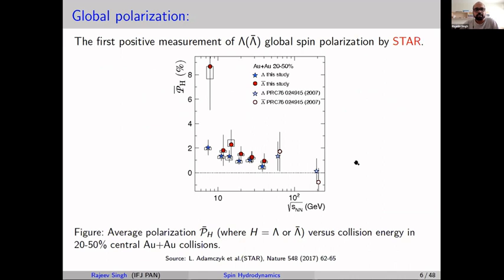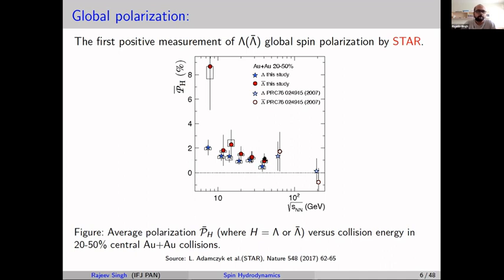This is the first main point that the STAR collaboration has found. They have measured the average global spin polarization of lambda and lambda bar with respect to the center of mass energy, and they found that with the decrease of center of mass energy, the average global spin polarization of lambda and lambda bar, meaning the particle and antiparticle, increases.